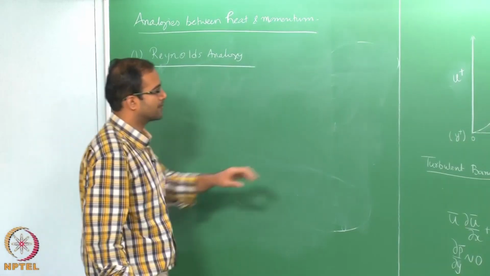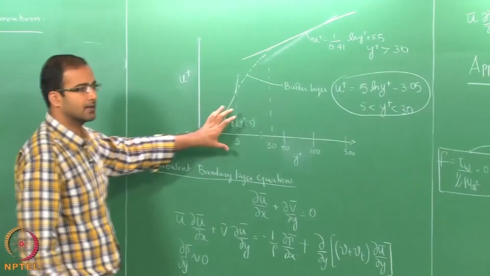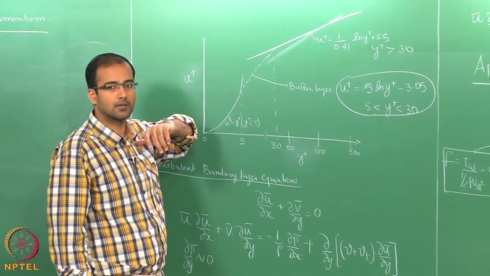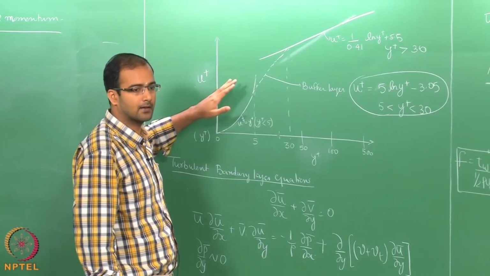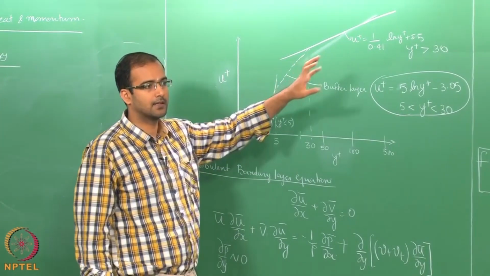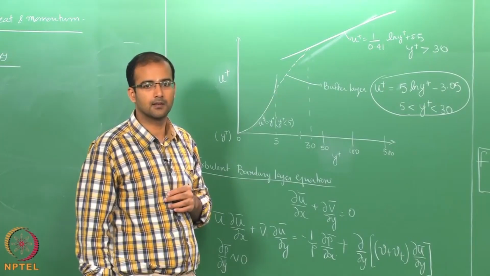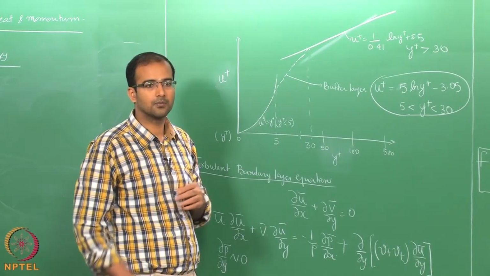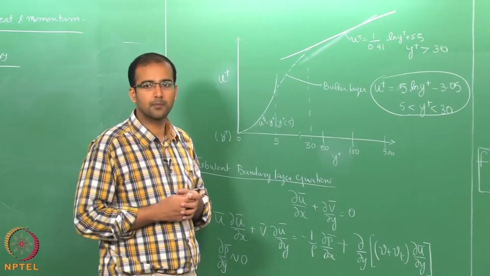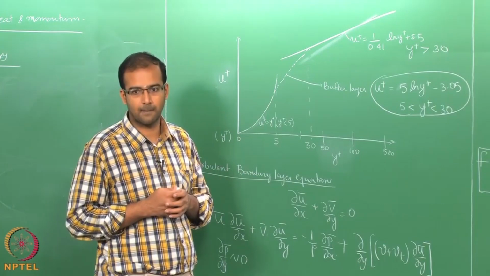Now, we have the picture of the turbulent boundary layer here, which has 3 layers in fact, according to the hypothesis that we have a linear variation in the laminar sublayer, we have a buffer layer, and then we have a turbulent boundary layer. Okay. So, now we can look at all the 3 layers together, and that brings a very complicated picture.